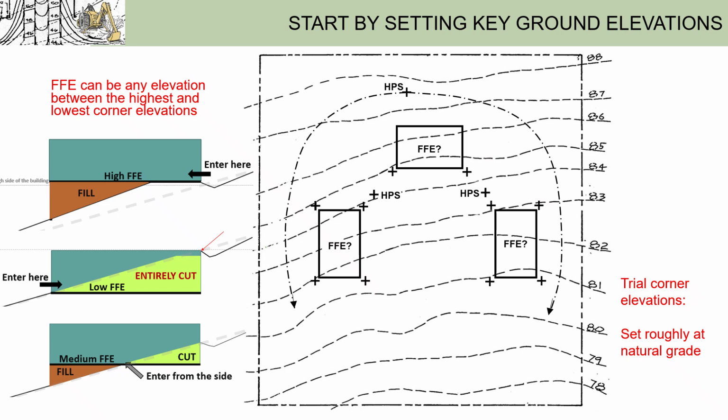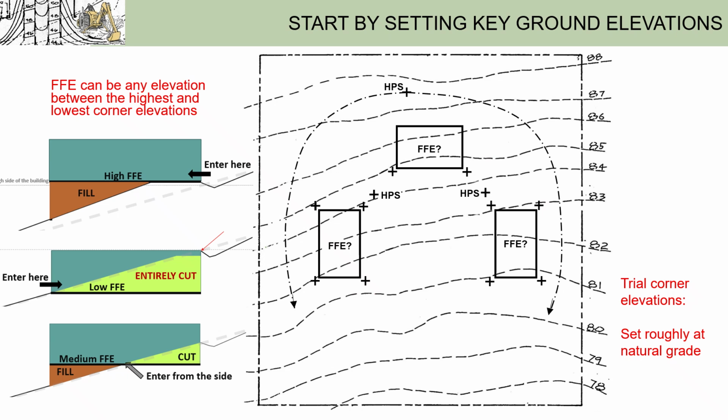Because these trial elevations set roughly at natural grade will give you a start that tends to minimize the earthwork needed, because we set the goal here to be maintaining the original grade for the corners. Again, try to estimate, no need to calculate.